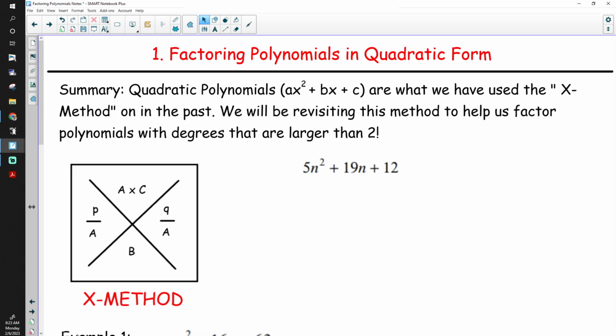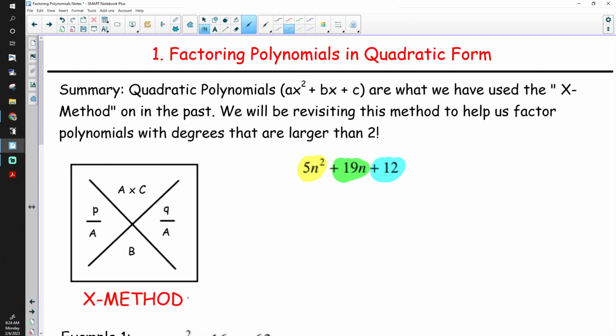Whenever you see a polynomial that has 3 terms, you will probably be using the x method. So if we look at this little review, we have 1, 2, 3 terms. Now, you won't always use it, but usually 3 terms means the x method. Okay, so let's do it.